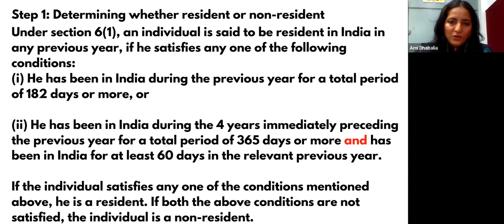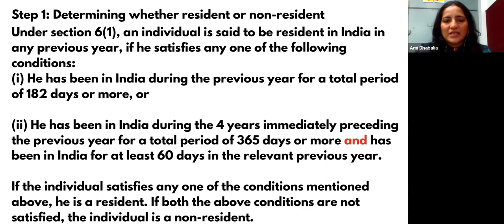Right now we are going to determine whether the person is a resident or a non-resident as per step 1. Under section 6(1), please take note, an individual is said to be resident in India in any previous year, that is the financial year in question, if he satisfies any of the following conditions.